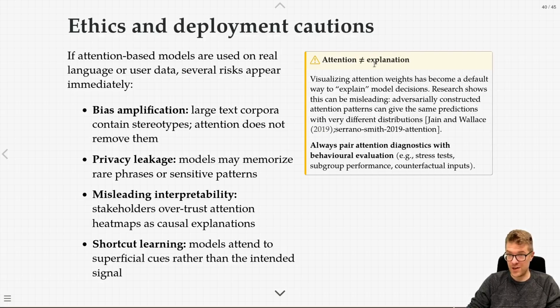So attention is not explanation. Despite the two papers I talked about before, attention mechanisms are not the same thing as explanations. These are not causal relationships. Attention can be misleading.